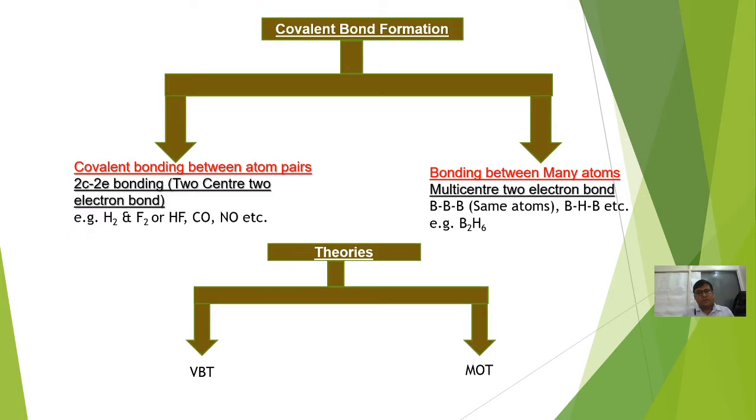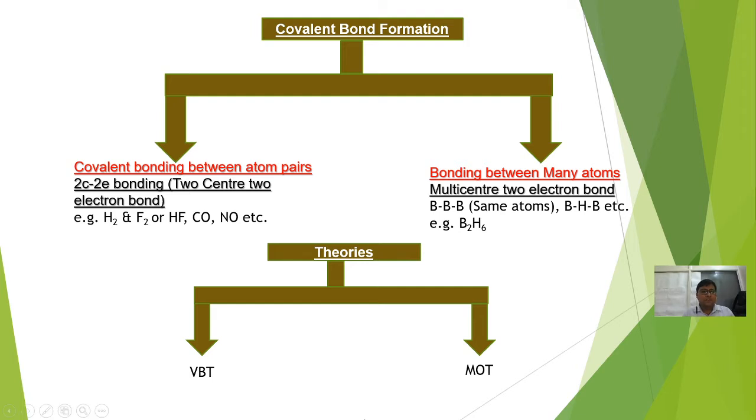Then, covalent bonds are again divided into two categories. First is two-center two-electron bonding, for example hydrogen, fluorine, or heterodiatomic molecules like hydrogen fluoride, carbon monoxide, nitrogen oxide, etc. Here we can take the example of hydrogen.